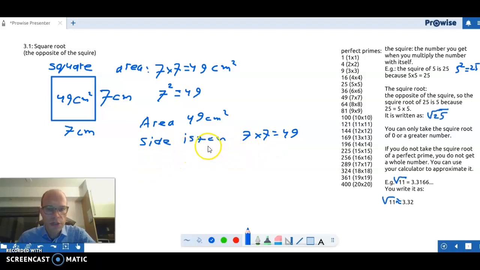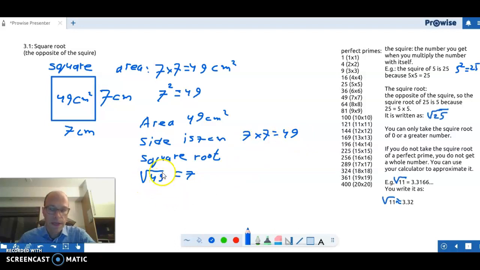A square root is simply calculating the length if you know the area of a square, and it is written down as this sign. This is the square root, and then 49, and that is then 7, because 7 multiplied by 7 is 49.